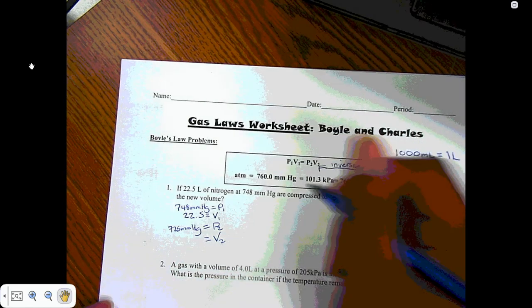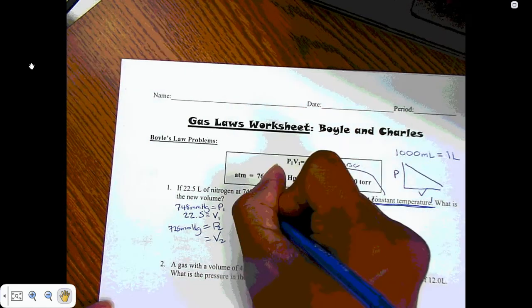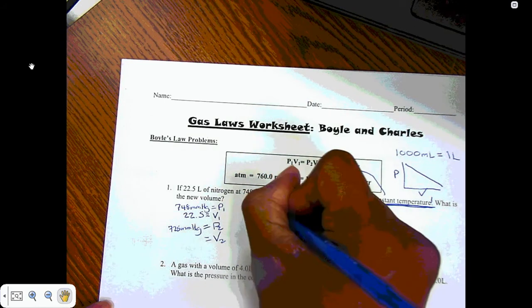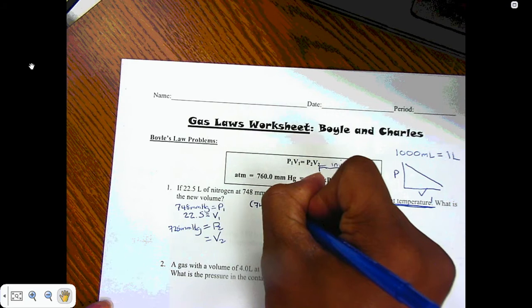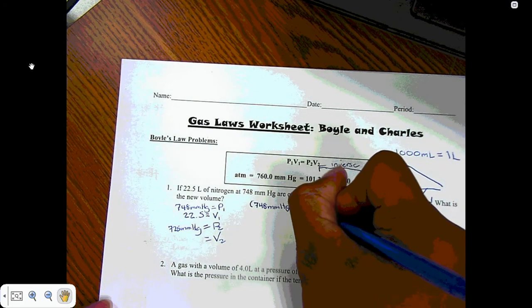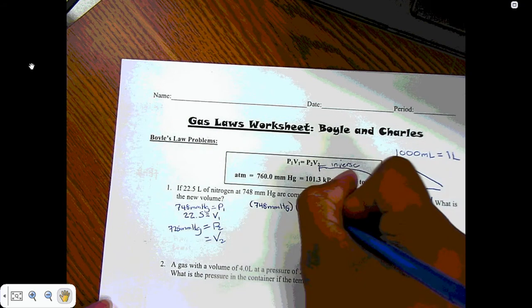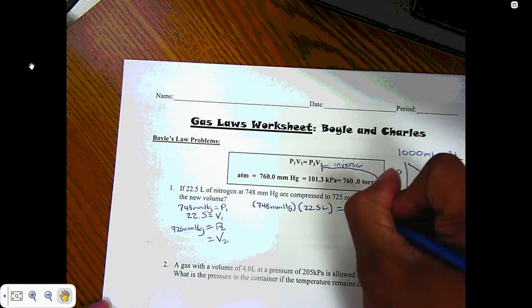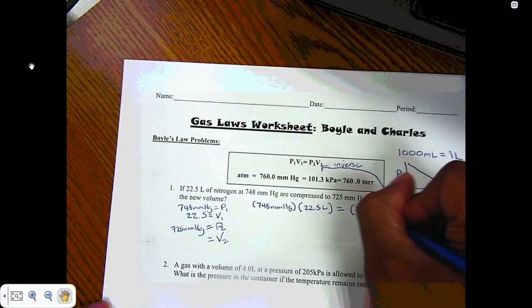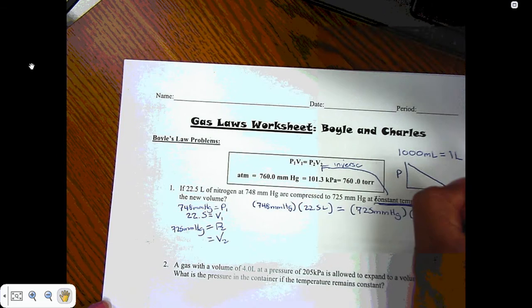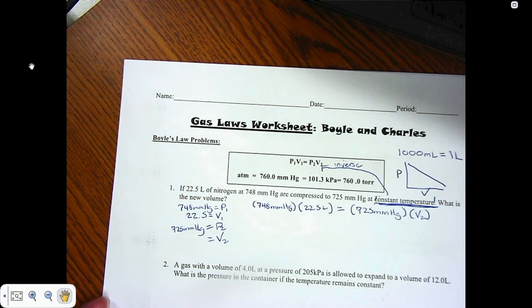So, setting this up, initially, I say 748 millimeters of mercury times the V1, which in this case is 22.5 liters, is equal to my P2, which is 725 millimeters of mercury, and my V2, which is my unknown.